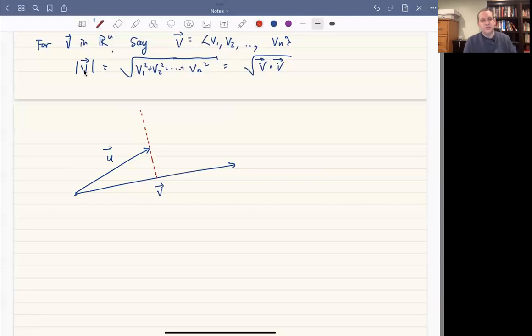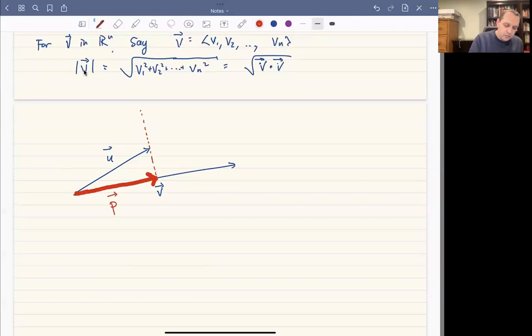And I want to think about what's the shadow of the vector u that's going to show up on v. And of course, it's going to be this shadow. So if I take this vector u, you get this kind of red vector, which I'm going to call P. P is for projection. And so that P is that shadow that you cast on v. That's what a vector projection is.